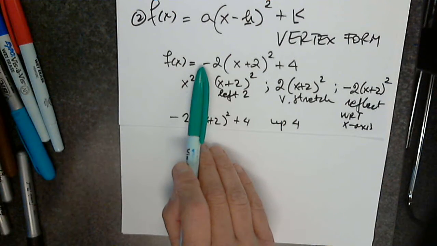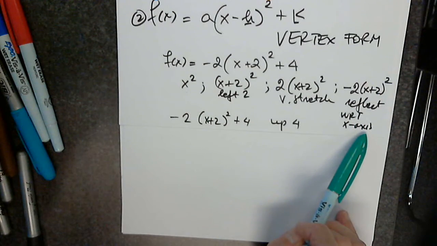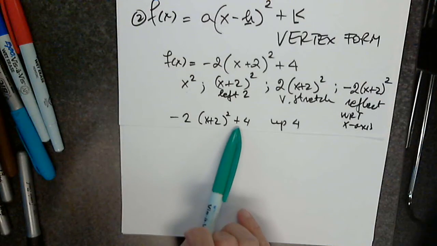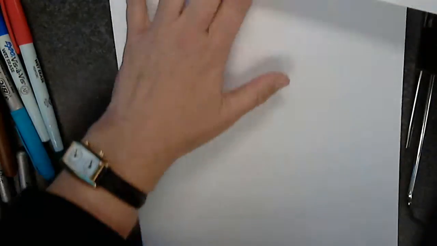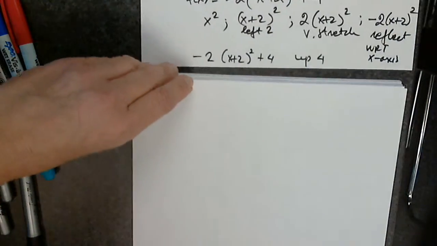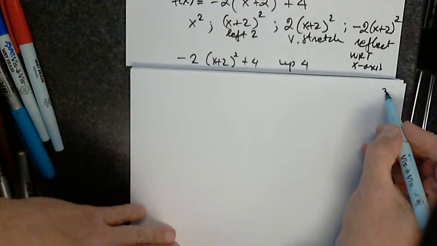Then the negative sign comes into play, which will reflect the graph with respect to the x-axis. And then this will move up 4. So I don't need any other theory behind it, which we will look at in a minute, however.